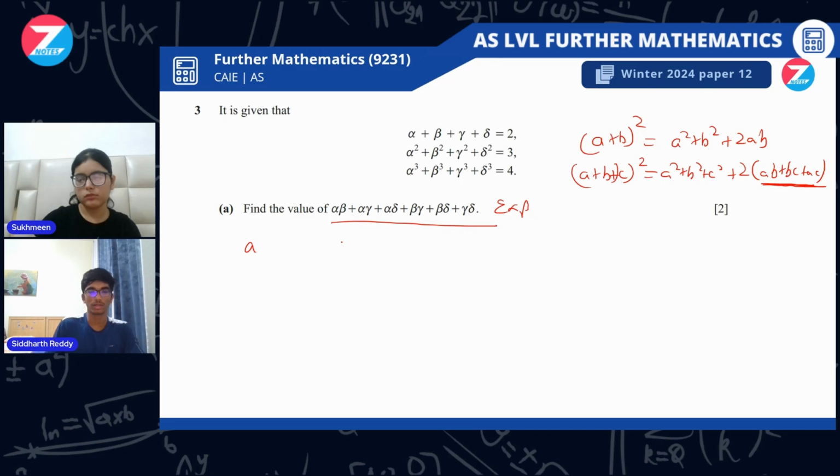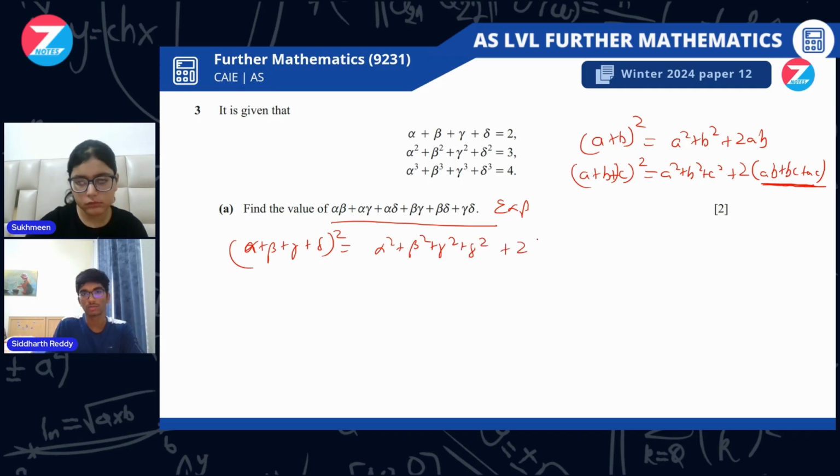So similarly over here, you have alpha plus beta plus gamma plus delta whole square. So that's equal to alpha square plus beta square plus gamma square plus delta square plus 2 times this sum of roots taken 2 at a time. I'm writing it in shorthand. So now we can just substitute these values.